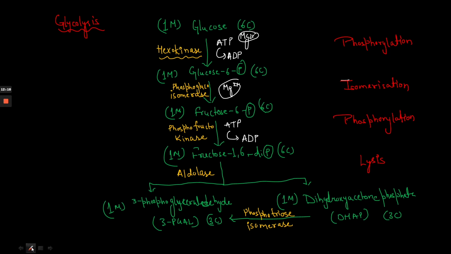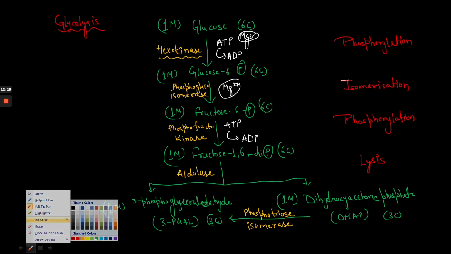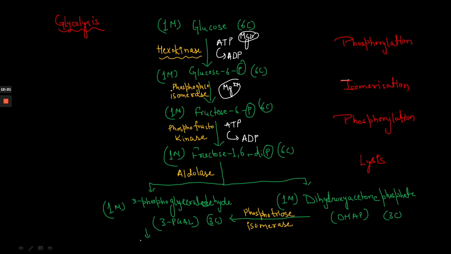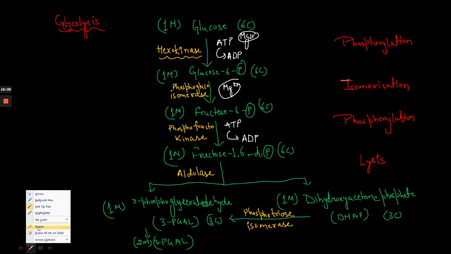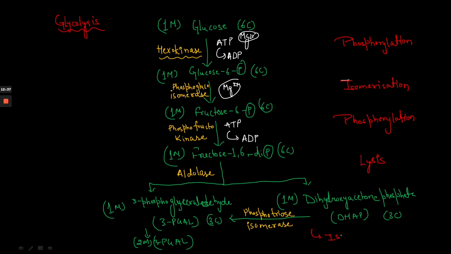So ultimately now we have got 2 molecules of 3-PGAL, right? And since isomerization is happening, the name of this step is isomerization. So basically these are the first 5 steps of the glycolysis process: 1, 2, 3, 4th and the 5th step.